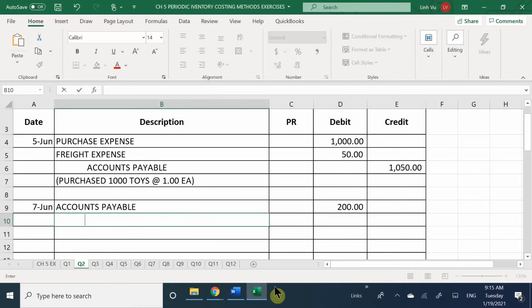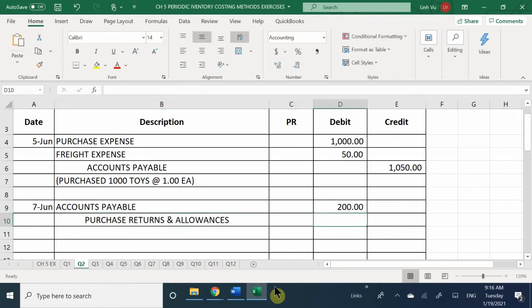What kind of returns? Because in the next section, we will learn that there's another return that exists. Purchase returns, yes. Purchase returns and allowances. Remember, that is going to be our account that we will use.